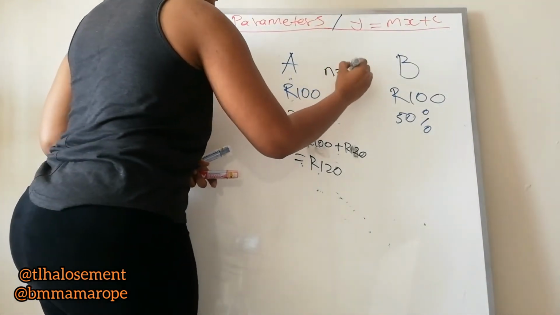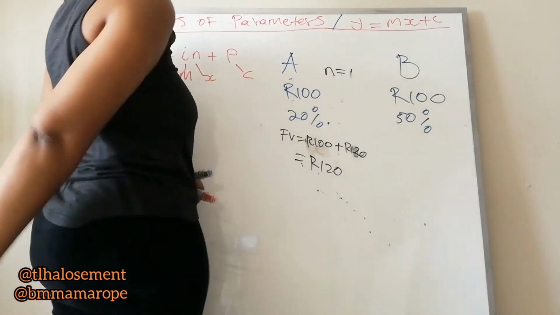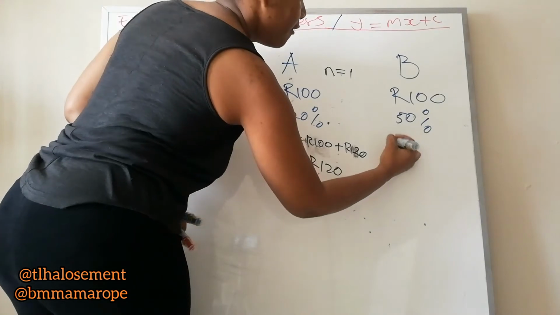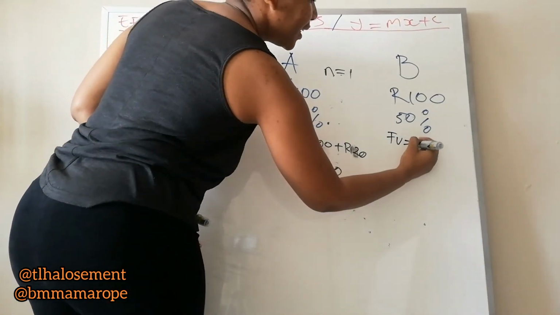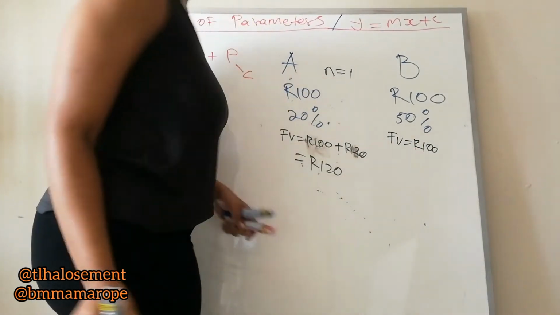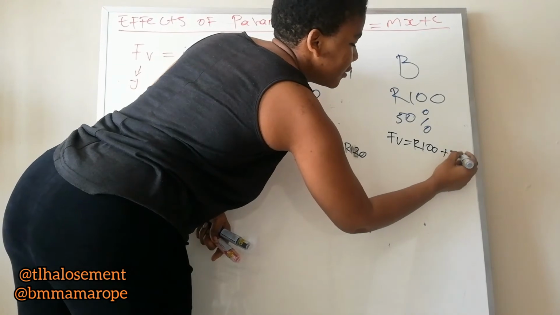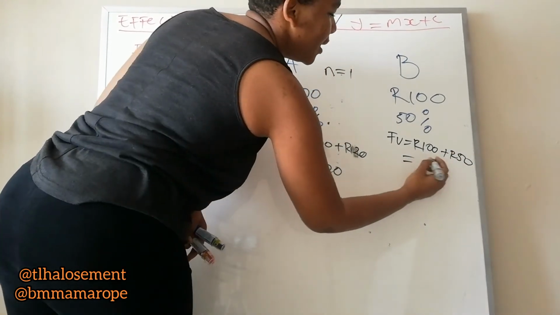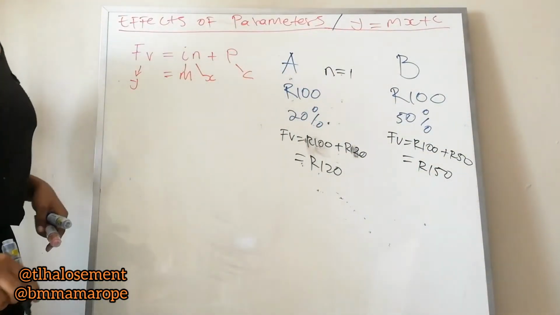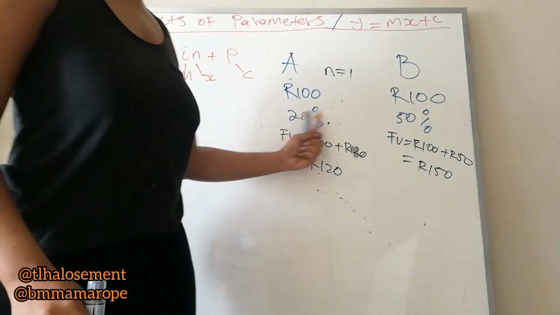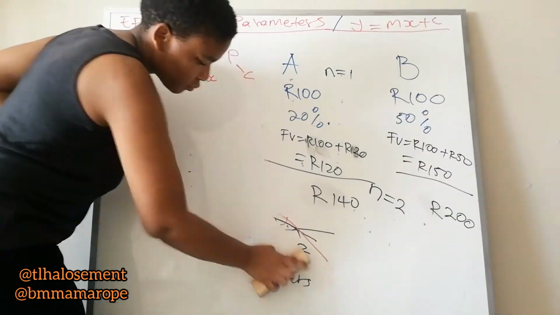N is equal to 1. Person B, going at 50%, has future value equal to 100 Rand plus their 50% interest, which is 50 Rand. So their money is 150 Rand. Do you see that the interest has an effect on how much you are getting at the end?